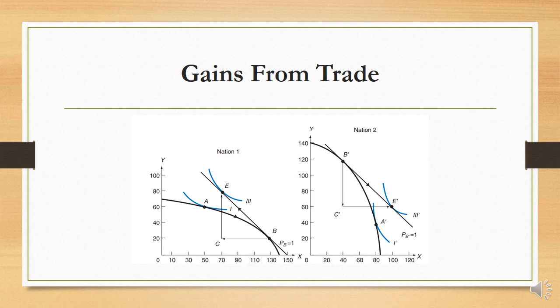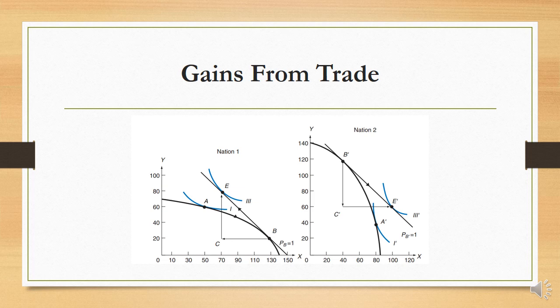Look at the diagram of nation 1. Indifference curve 1 is tangent at point A, and this point shows the equilibrium in isolation.